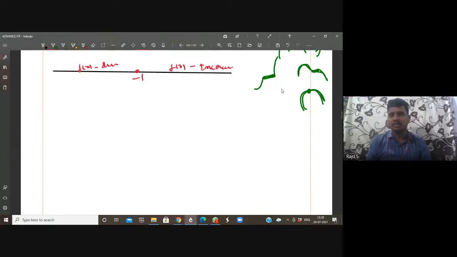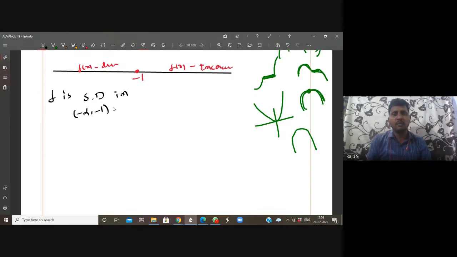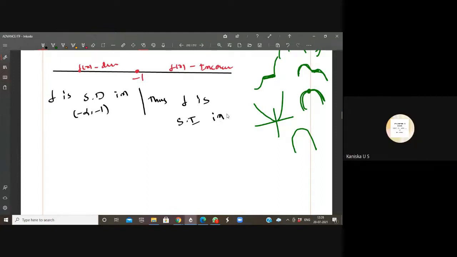Every parabola can be taken as decreasing and increasing. So we can write like this: f is strictly decreasing in the interval -∞ to -1 open, and thus f is strictly increasing in the interval -1 to infinity.